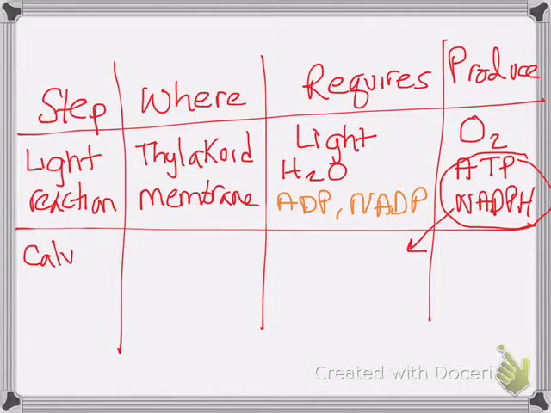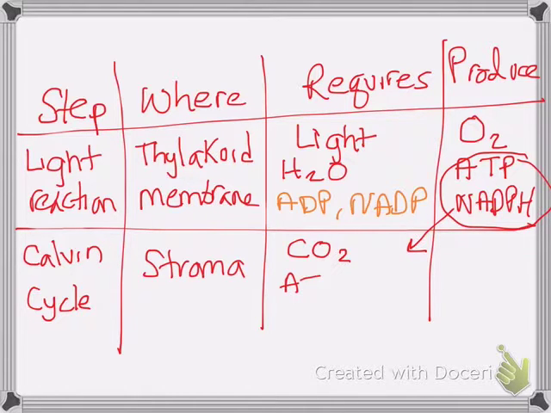The Calvin cycle is the second step. The Calvin cycle takes place in the stroma, which is the space in between the thylakoids, and it is going to use carbon dioxide, ATP, and NADPH.